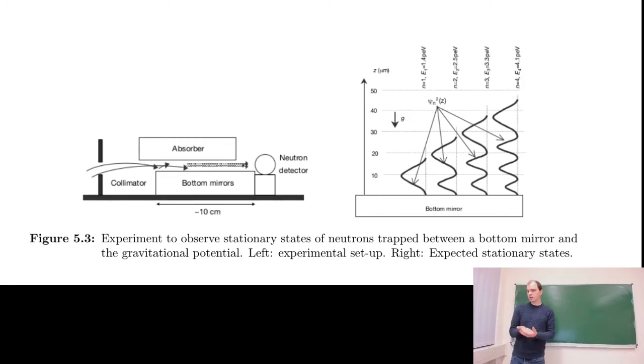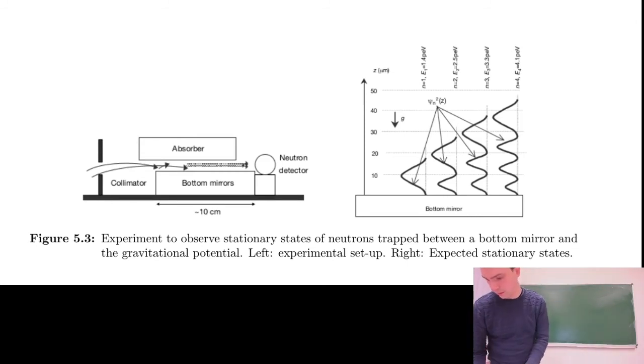And so the mirror is the only really important part here. You have the mirror and you have the gravitational potential, and because of that, the neutrons in the z direction become trapped in this potential that is built by the mirror at the bottom and the gravitational potential. And then in this z direction, you actually find stationary states, energy eigenstates, and those are shown on the right hand side.